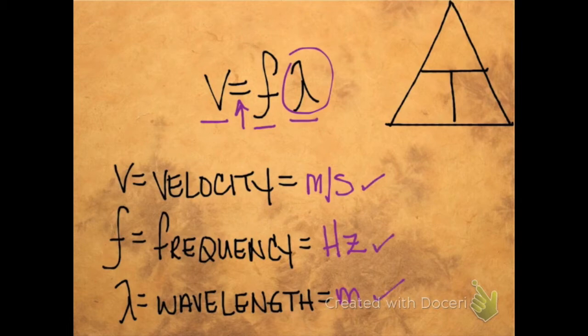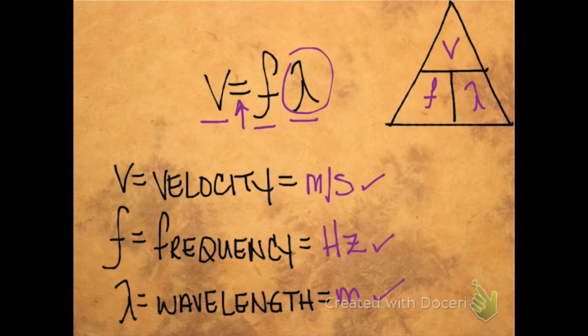Those of you that need to use triangles like me, this is very easy to put into a triangle. Velocity is the product of frequency times wavelength. There's one more thing we need to understand about frequency. In order to find frequency, we have another equation.